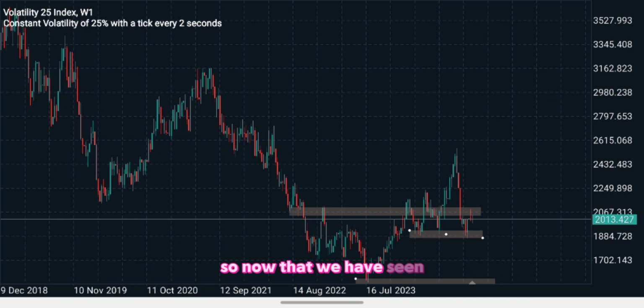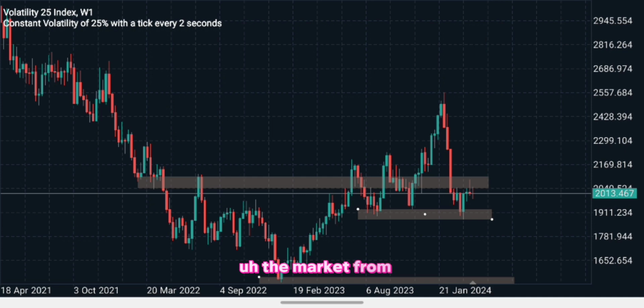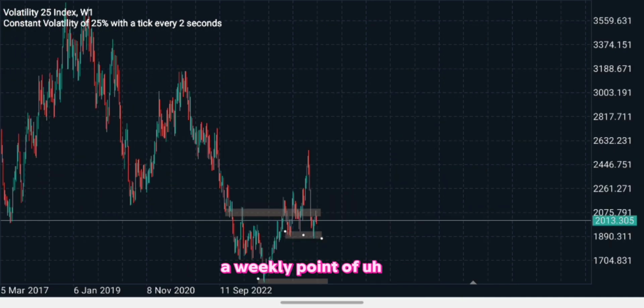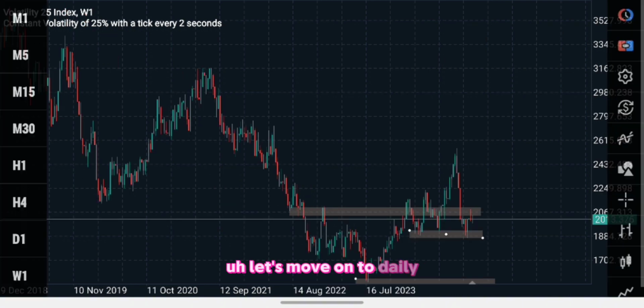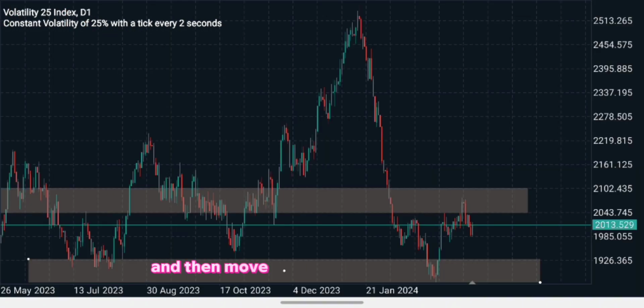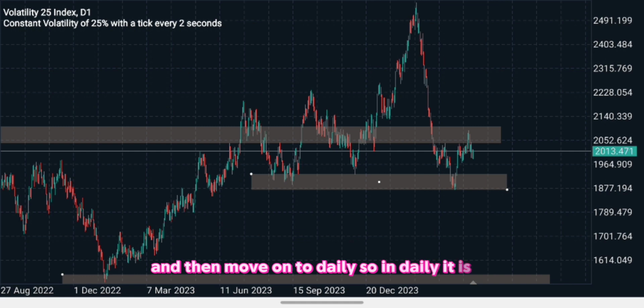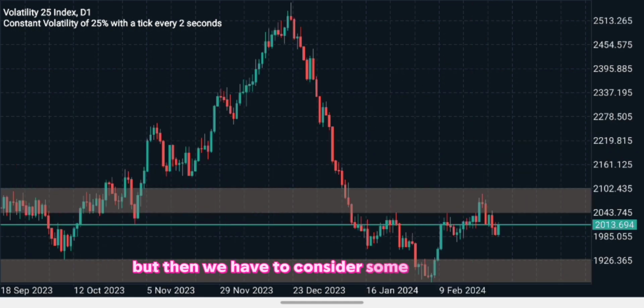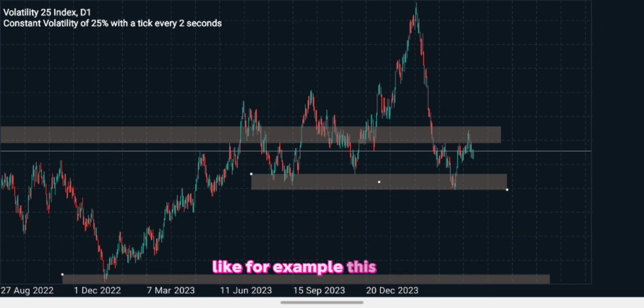So now that we have seen the market from a weekly point of view, let's move on to daily. In daily it is more detailed, but we have to consider some major points, like for example this one.